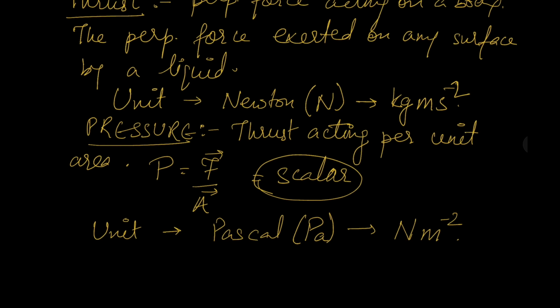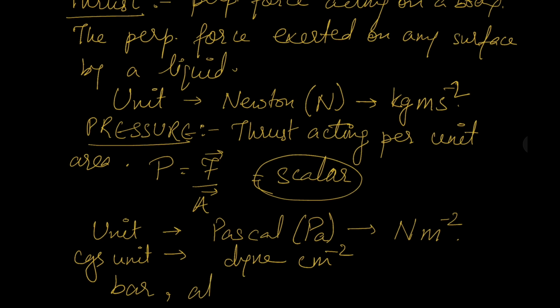Other than Pascal, we have a CGS unit, which is dyne per centimeter square. Other units like bar, atmosphere, Torricelli, millimeter of mercury are also used.